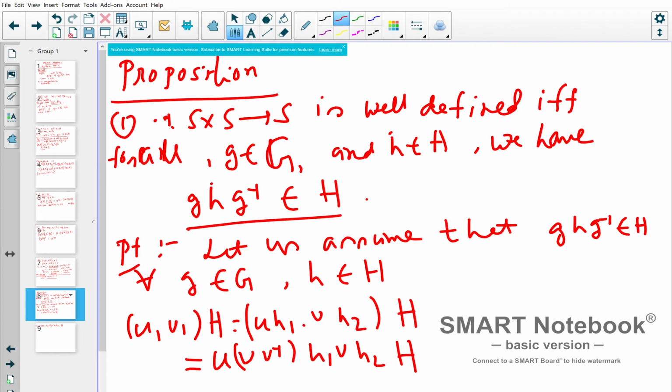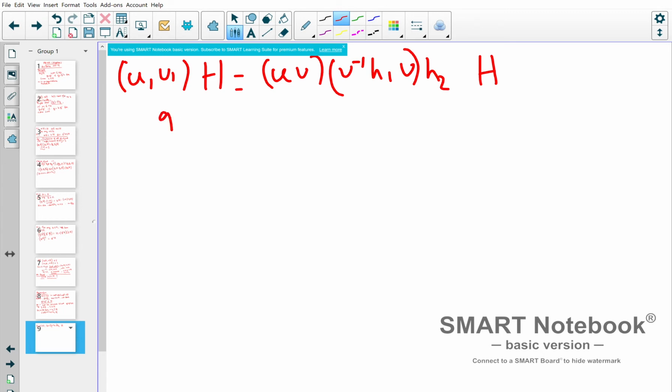Now here you choose G equal to V inverse. Then this is of the form GH1 G inverse, which is an element of H. So this element is nothing but some H3.